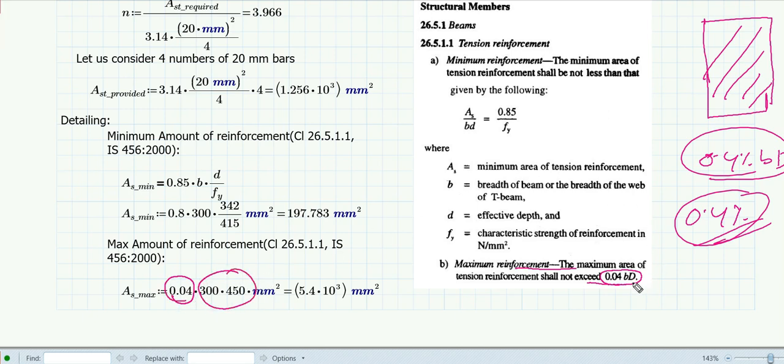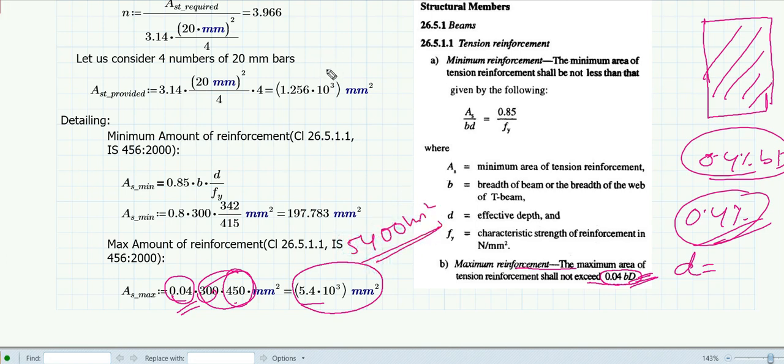Here you can see it is capital D, so it will be the overall depth. If it is small d, then it becomes the effective depth. So the overall depth is 450, so 300 into 450 into 0.04 becomes 5.4 into 10 to the power 3 mm², or 5400 mm².